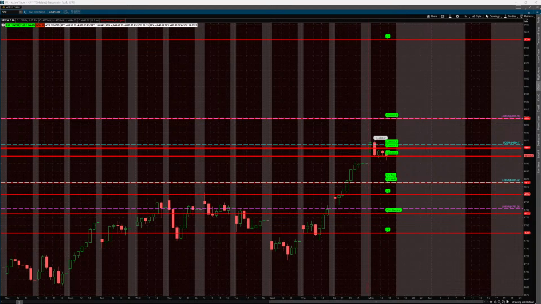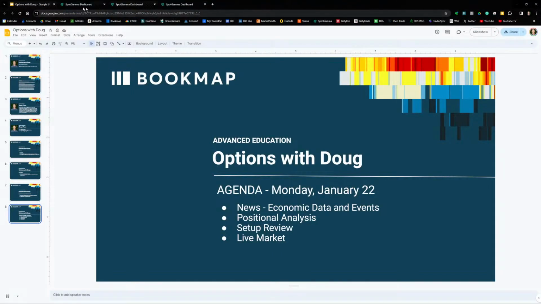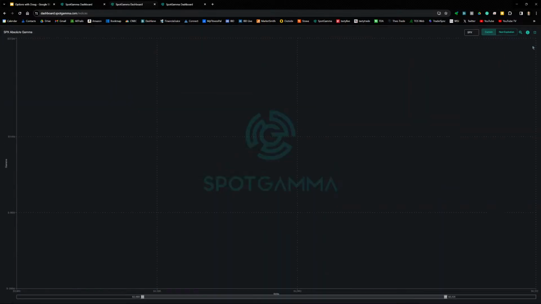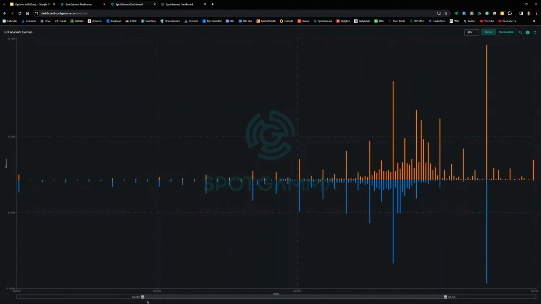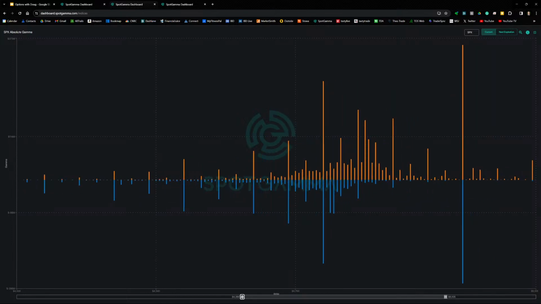Let's just take a quick look at the absolute gamma for SPX. I'm going to zoom in on this chart. What this chart is showing is gamma for SPX. The orange bar is showing positive gamma or call gamma.